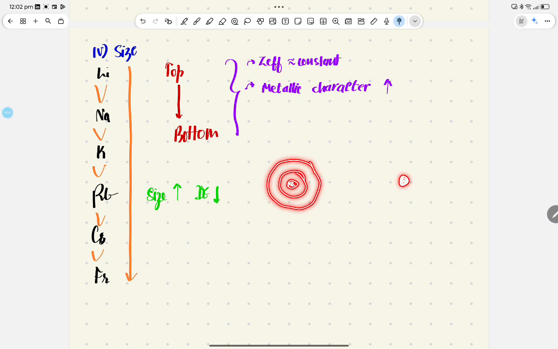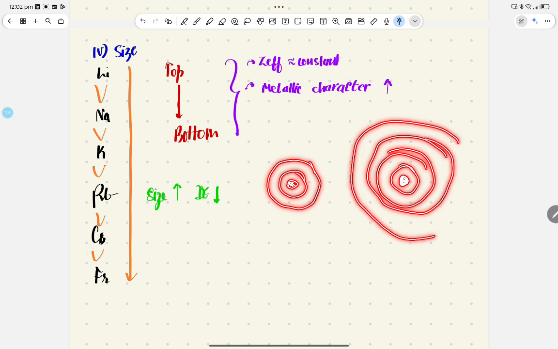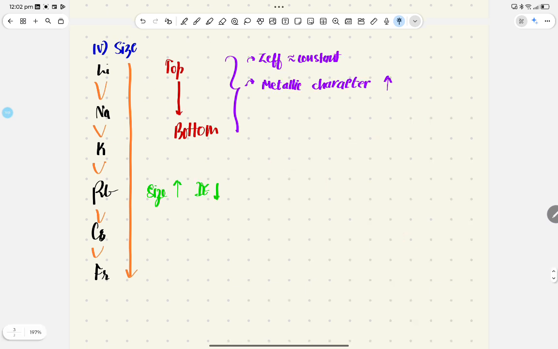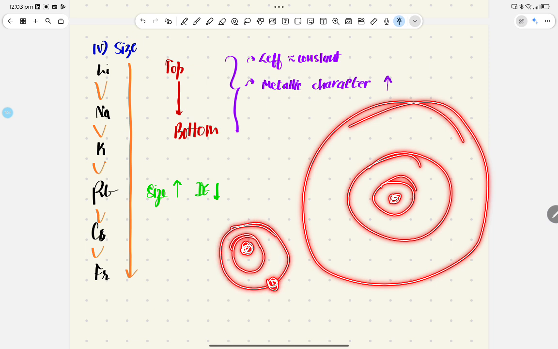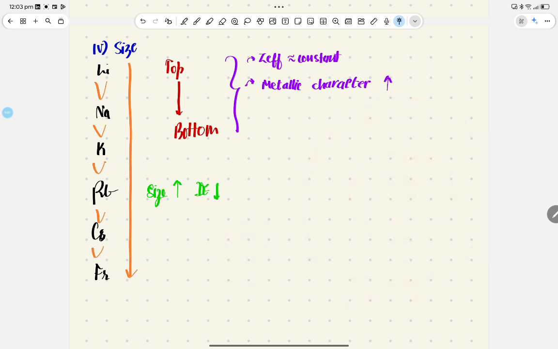Let's say this is a nucleus and it has just 2 orbitals. Because the size increases from top to bottom, an element at the bottom has more shells, and an electron lying at the outermost shell. Which is easier: to get the electron out from the bigger shell that is really far from the nucleus, or to get an electron out from an atom whose shell is just close to the nucleus? Of course this one, it's easier.